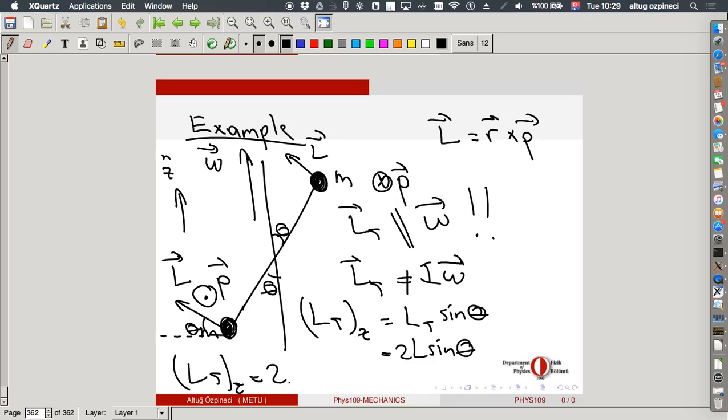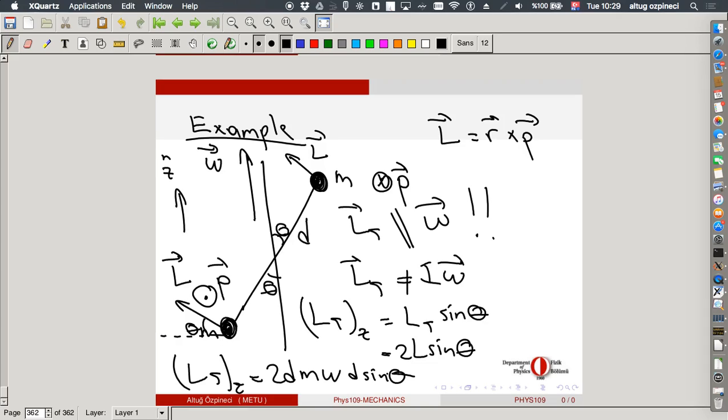What is the magnitude of L? Let's just call this distance d. So for each one of these L's, the magnitude of this vector is d. The linear momentum has magnitude m times omega times d sine theta. Remember, this object is rotating around this point with angular velocity omega.